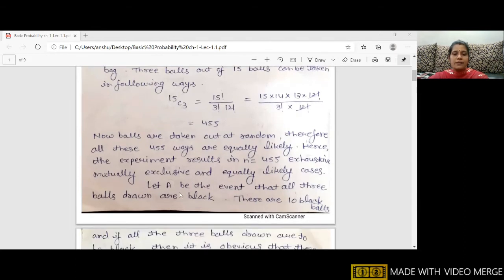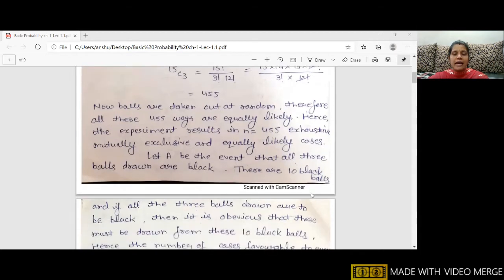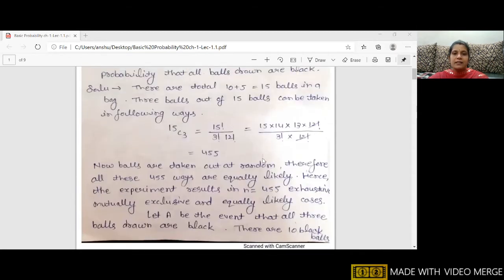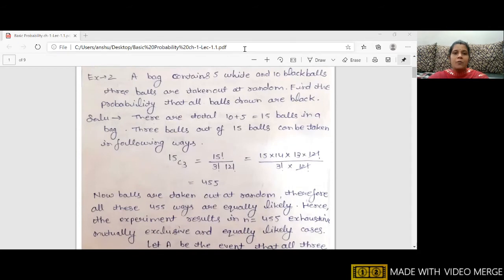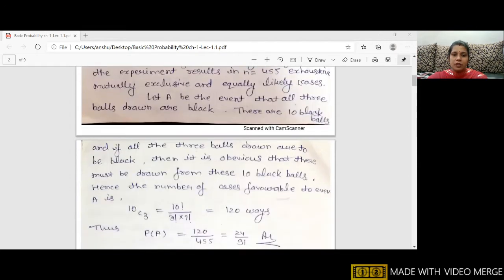Let A be the event that all 3 balls drawn are black. There are 10 black balls. In this question, we have 10 black balls and find the probability that all balls are black. That means 3 black balls chosen from the 10 black balls. Got it?